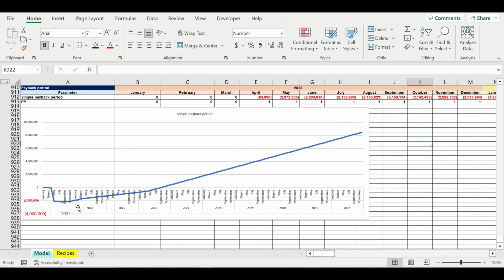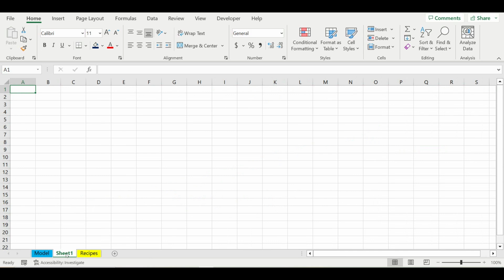And now we can, for example, create different scenarios to see what will happen to the simple payback period. We can create a new tab, say PP, payback period.